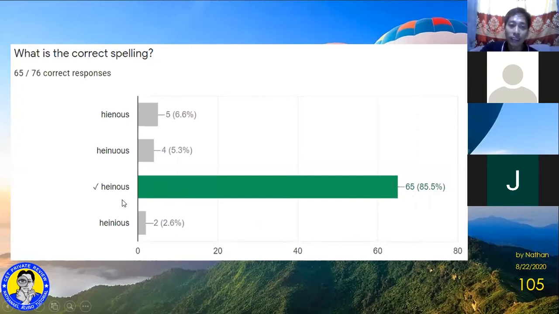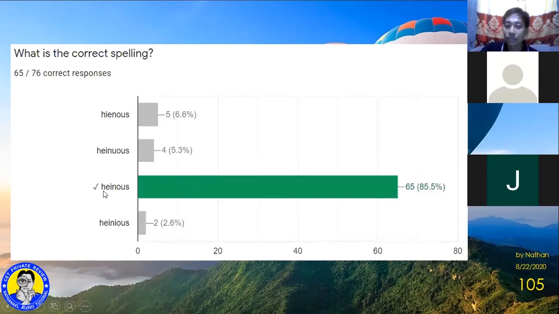Heinous. Okay, it's not "hay-ee-nous" because some Filipinos will say it's a heinous crime. Okay, so because of the incorrect pronunciation, you also get the incorrect spelling. So try to pronounce them properly so you could remember the correct spelling.